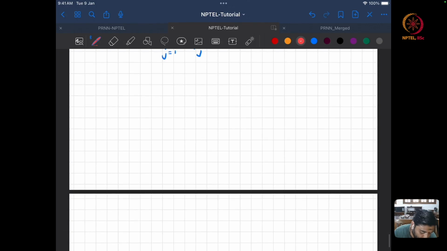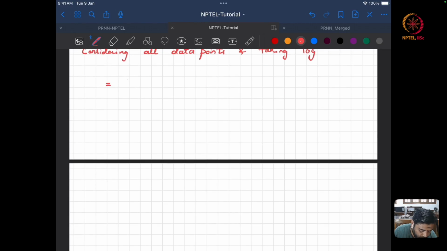Okay. Now, considering all data points and taking log, the log likelihood will be the summation i equal to 1 to n of ln of p of Vi.